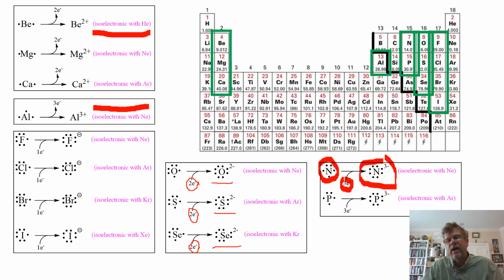And in so doing, we get triply negatively charged anions, N3- and P3-. Why 3-? Because it's only by picking up those 3 electrons that we become isoelectronic with the noble gas closest to it.